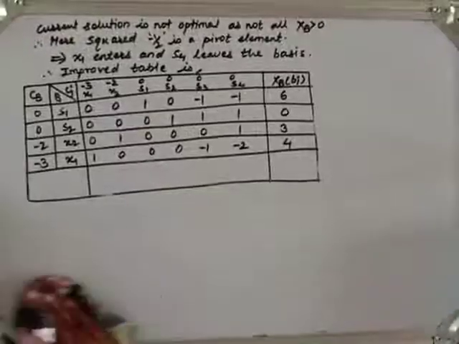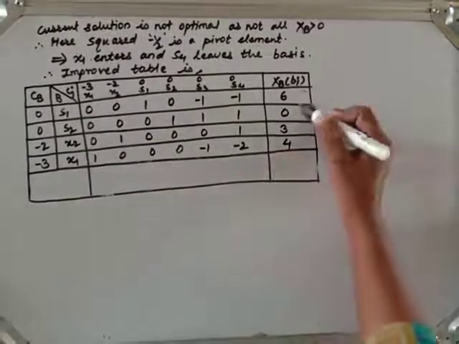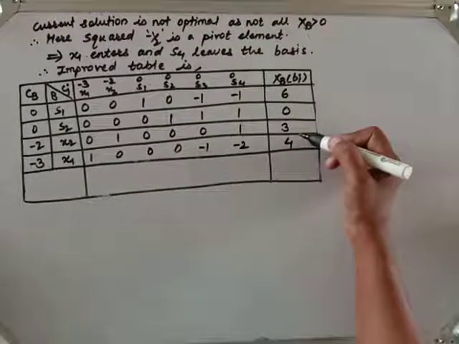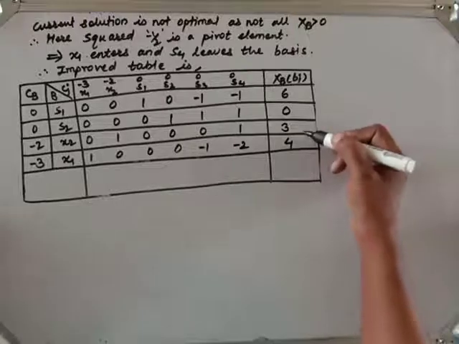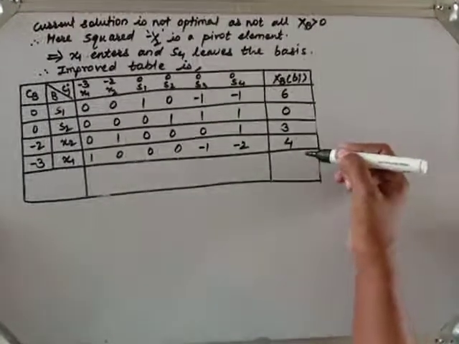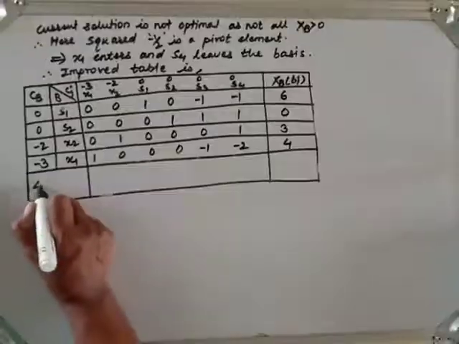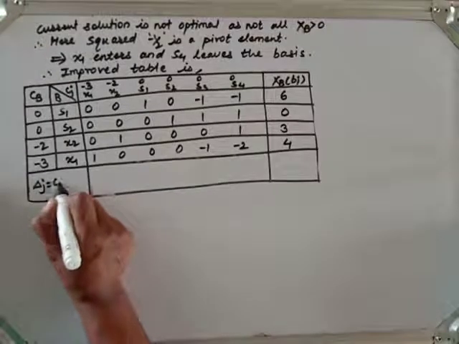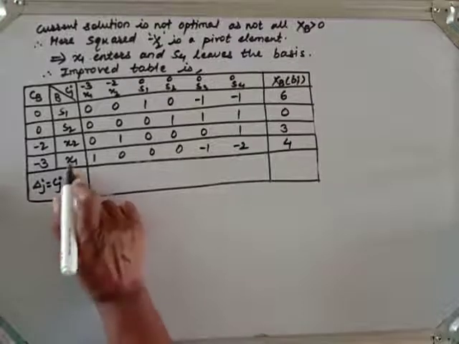Now here, if you look, all BIs are greater than or equal to 0. Not a single BI is less than 0, so we do not need to go for the next table. Now let us check what the del J are. Del J is Cj minus Zj.